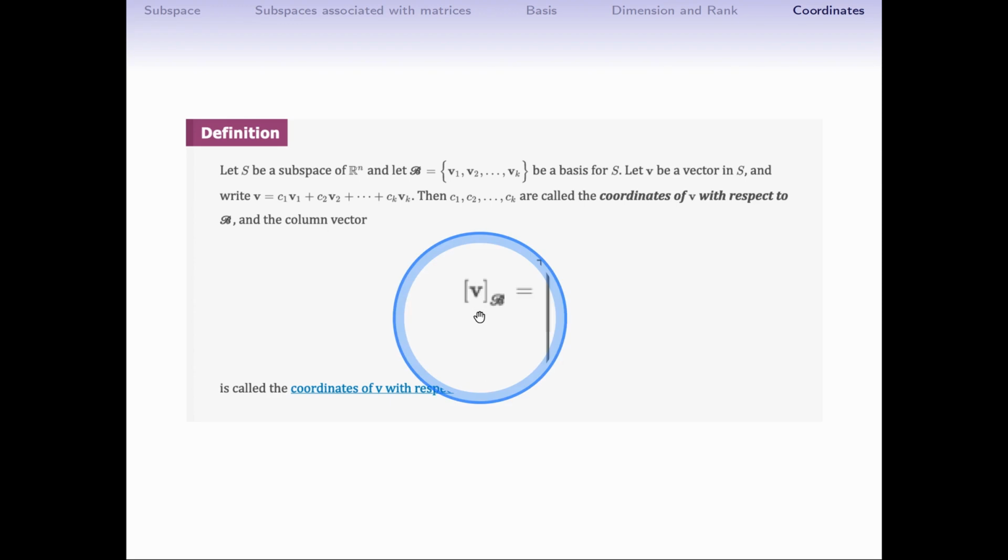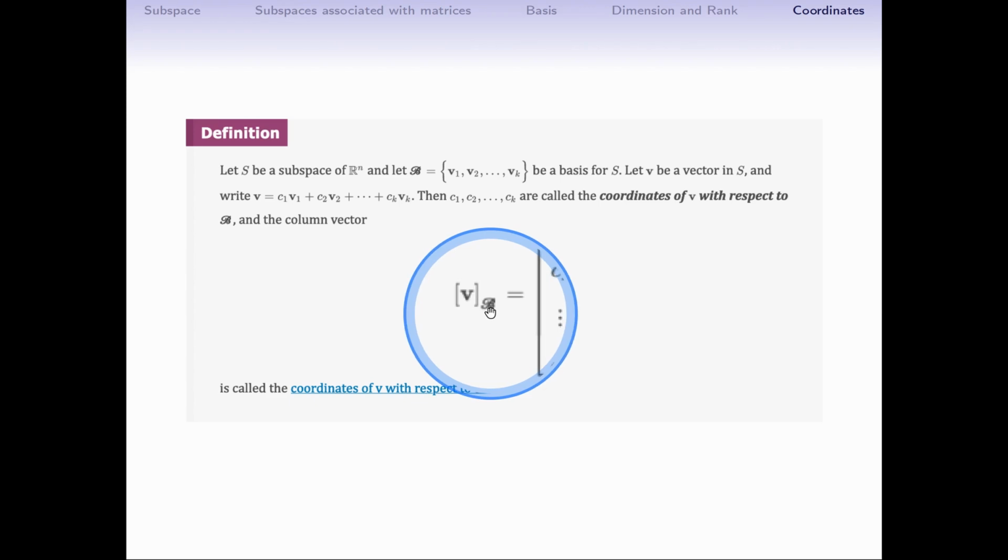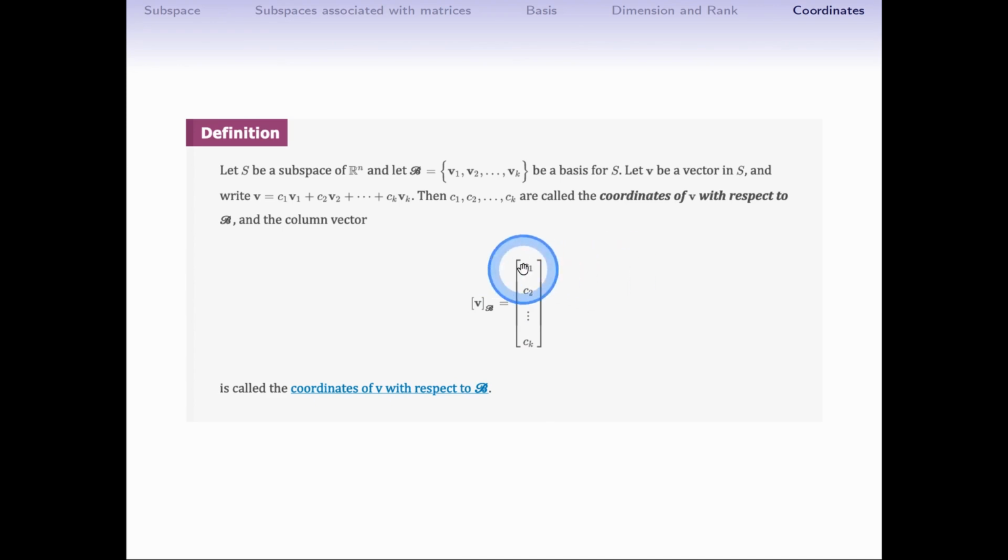When we take our vector v and wrap it with a pair of square brackets and then put a subscript B on it, we're asking for the coordinates of v relative to the basis B. And what we're going to give is a column vector consisting of those scalars c1 through ck. That column vector we'll think of as the coordinates of v with respect to the basis B.